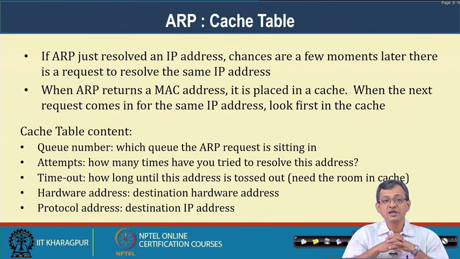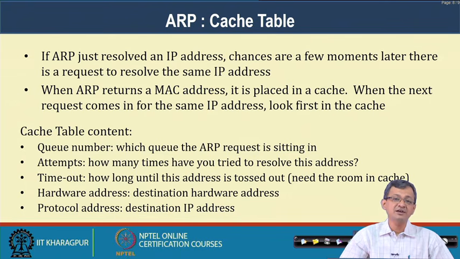The cache table typically contains a queue number, which queue the ARP request is sitting in, attempts, how many times it has been tried for resolution, timeout, how long you can go on trying before it is flushed out, hardware address, the destination hardware address, and protocol address, the IP address. So, IP address versus hardware address is the mapping function, and there are other things needed to manage those.